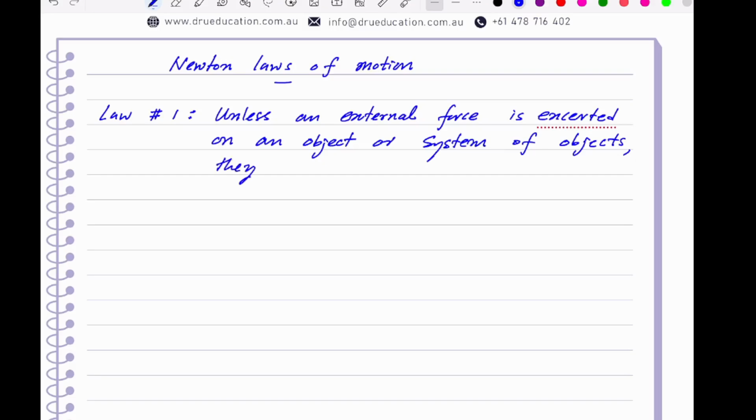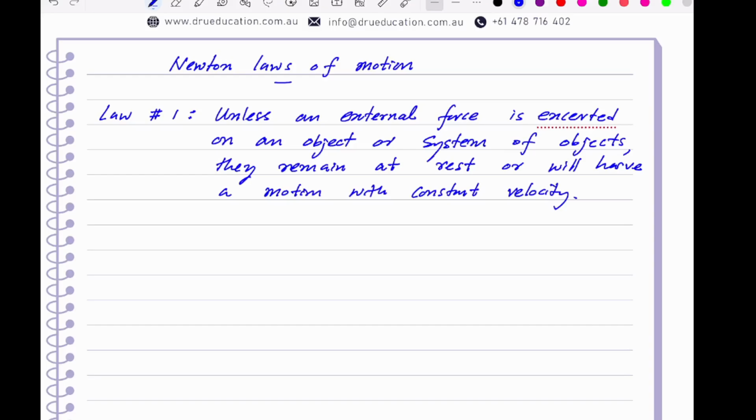They remain at rest or will have a motion with constant velocity.